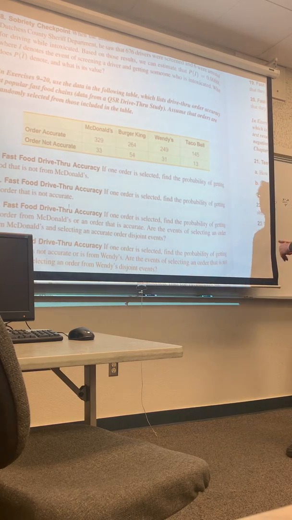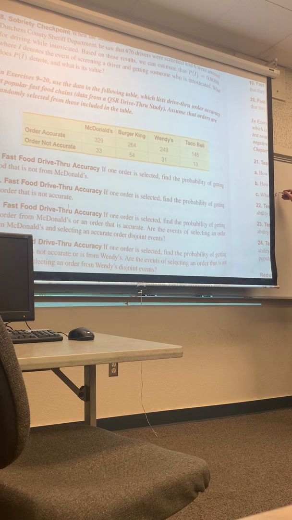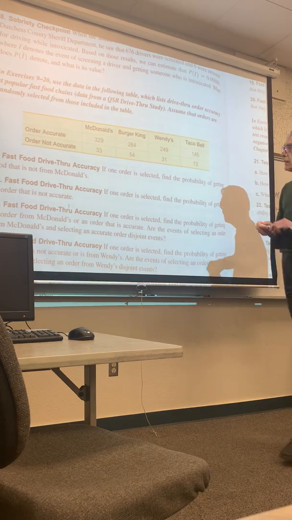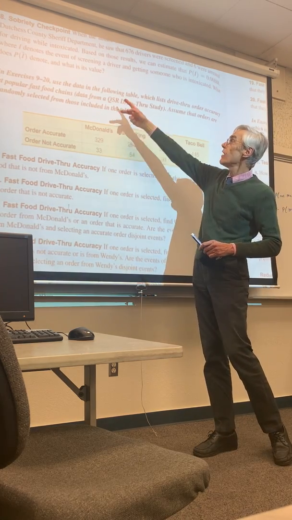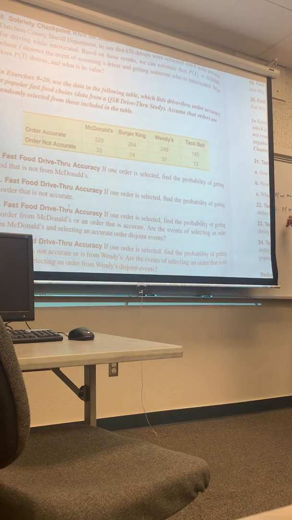The probability of not McDonald's is 1 minus the probability of McDonald's, which is a bit easier to do. So you would take these two, add them together, divide by 555, and subtract from 1. So complement rule.